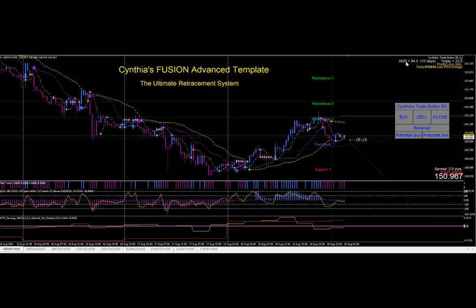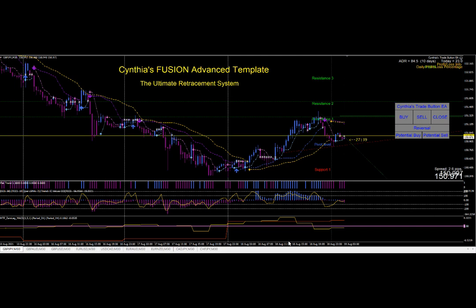Here's a little indicator that I always have on the charts. ADR means average daily range, and I try to pick currency pairs that have more than 75 pips per day averaged over 10 days.